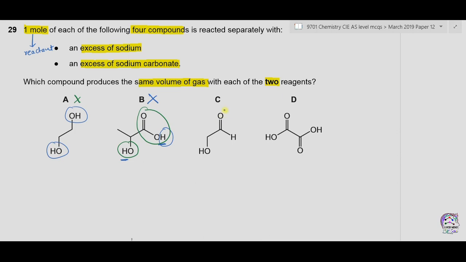In C we have two functional groups, one is aldehyde, second is OH functional group. On reaction with sodium, the aldehyde does not react, only OH reacts. So the product will be like this.